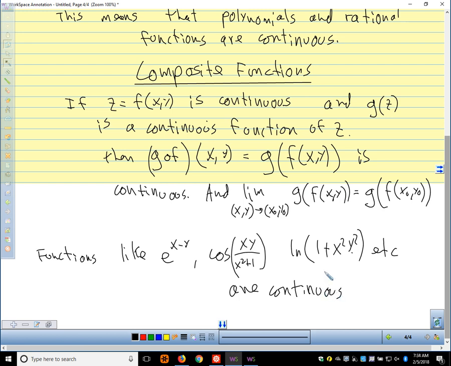So we can make interesting functions by composing continuous functions like e to the x, cosine x, natural log x with polynomials and quotients of polynomials, so we get continuous functions.